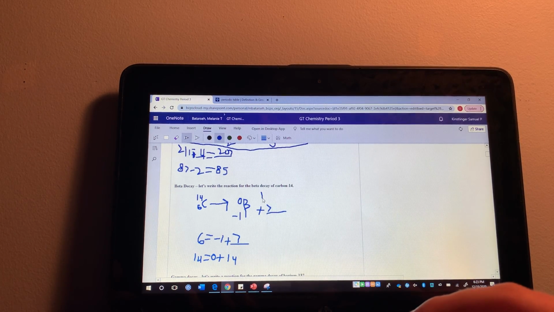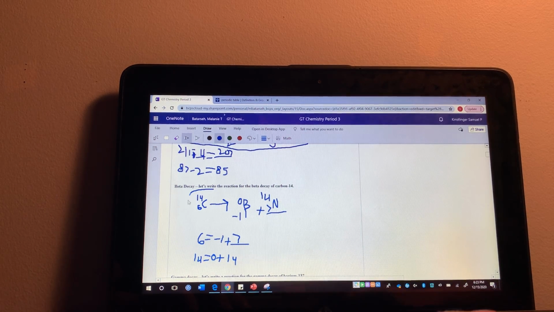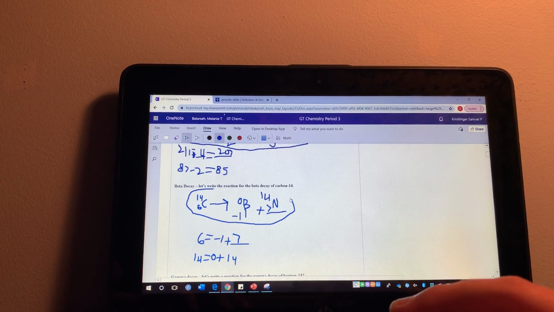So we're going to have a mass of 14. And then we do 6 plus 7. Our 7th element is nitrogen. So N. And that right there is our beta decay equation. It looks kind of like a greater than. Let me fix that. 7.